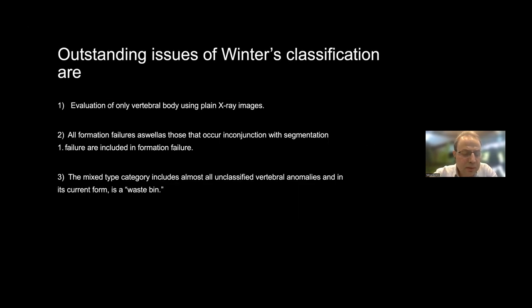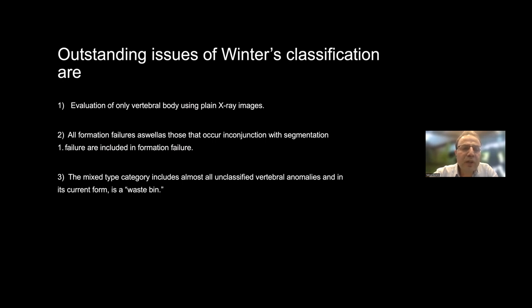But over time we started to use 3D CT images, so we can see other anomalies at the anterior of the spine, sometimes only the posterior of the spine. And sometimes we find new mixed vertebral anomalies.